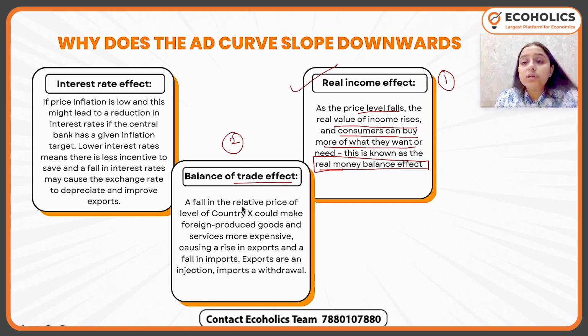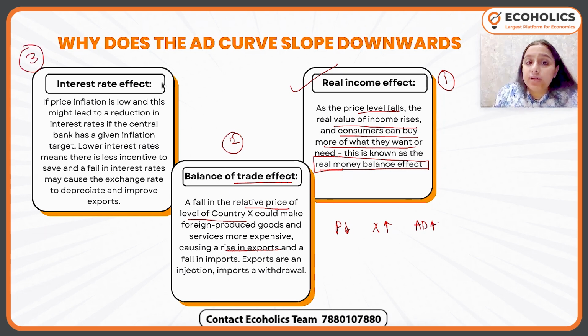Whenever there is a fall in the relative price of country X, so there are two countries, and the price level in one country is falling, what will happen? You will be attracted towards the goods of that country because they are now cheaper. Exports will rise and hence aggregate demand will rise. So a fall in price level leads to an increase in exports and a fall in imports as well. Exports increase, so aggregate demand increases. This is the trade effect.